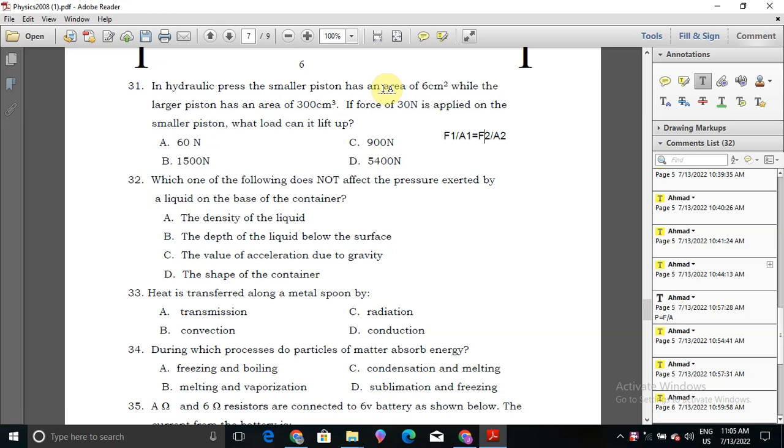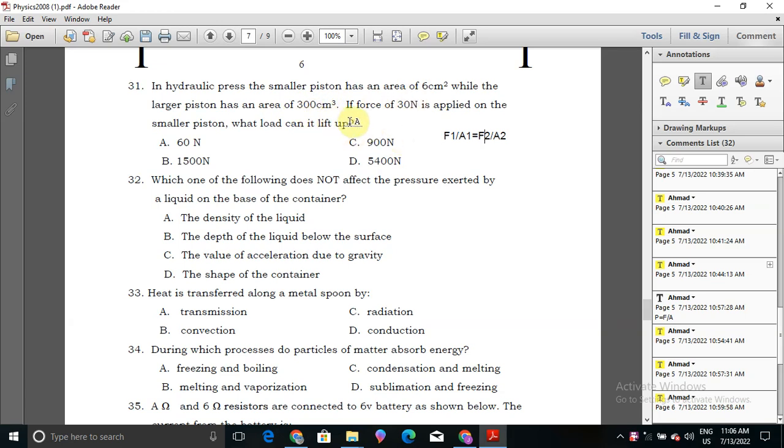Actually, there is a mistake here because he says centimeter cube. It's not centimeter cube. It should be centimeter square. Anyway, it will be 300 centimeter square.